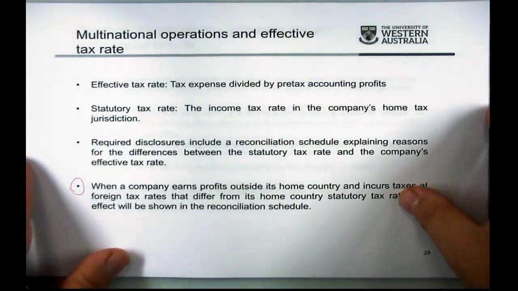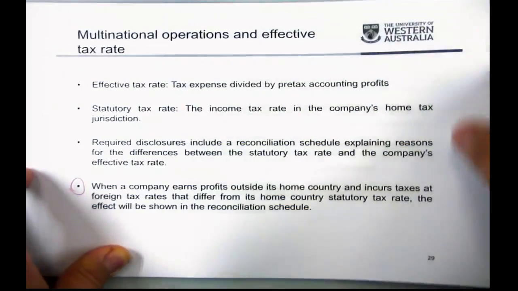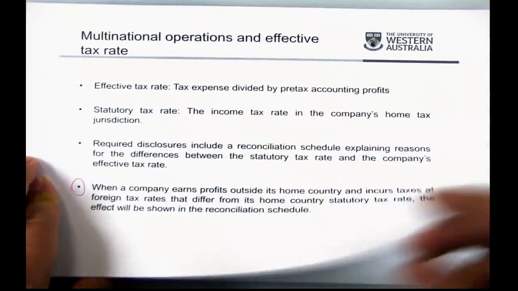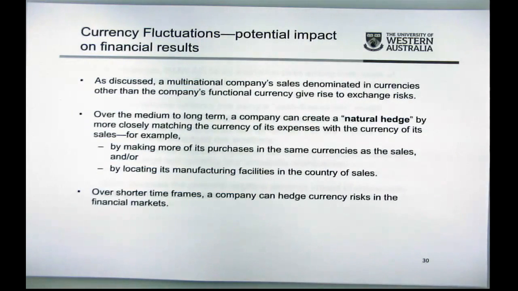These are just very basic information. But normally, firms are expected to disclose this stuff, the effect of foreign currency translation and also transaction exposure. Okay?